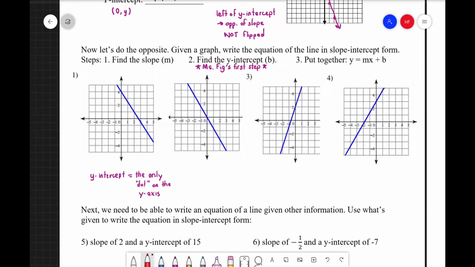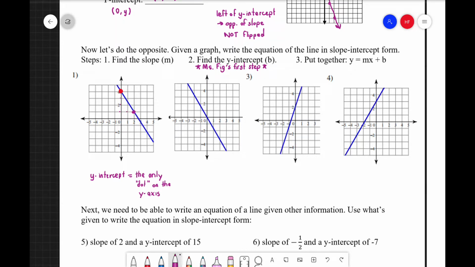The only point on the y-axis right here on number 1 is right there at 4. So now using that y-intercept, I can find the slope. That's my second step. I'm going to go down 3 and over 1, and I see that makes a point.